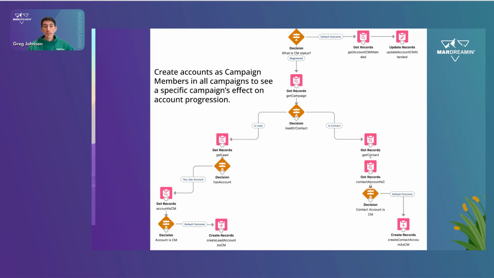And then we look to see if there's an associated account. And if there's an associated account, is that account already a campaign member? If it's already a campaign member, then the flow ends. If it's not already a campaign member, then we create that account as a campaign member. And we also stamp at the same time that account's funnel stage when it entered the campaign.